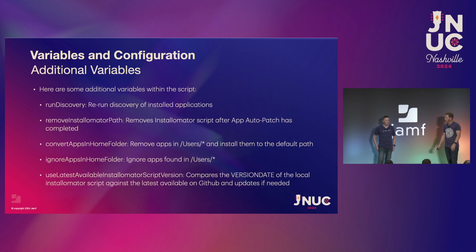And all of these features are on the wiki inside of the App Auto Patch GitHub. So feel free to browse that resource and figure out which configuration is going to work for your environment. There's quite a bit there, a list there. I'm sure that these slides will become available and you can go through.